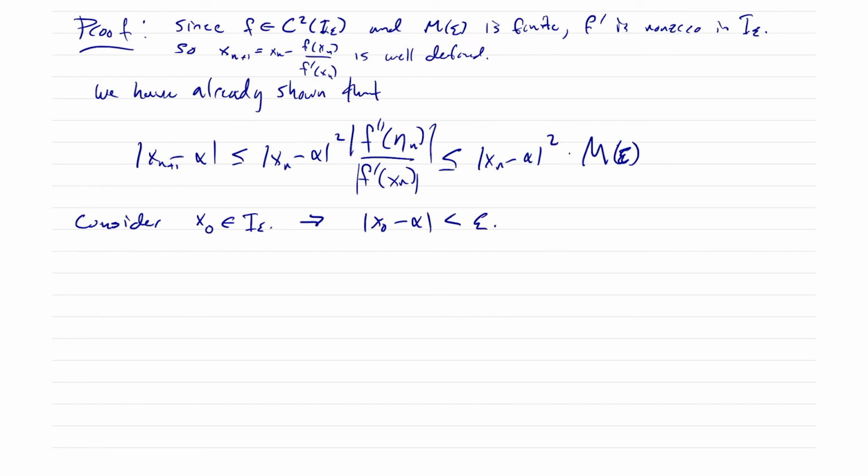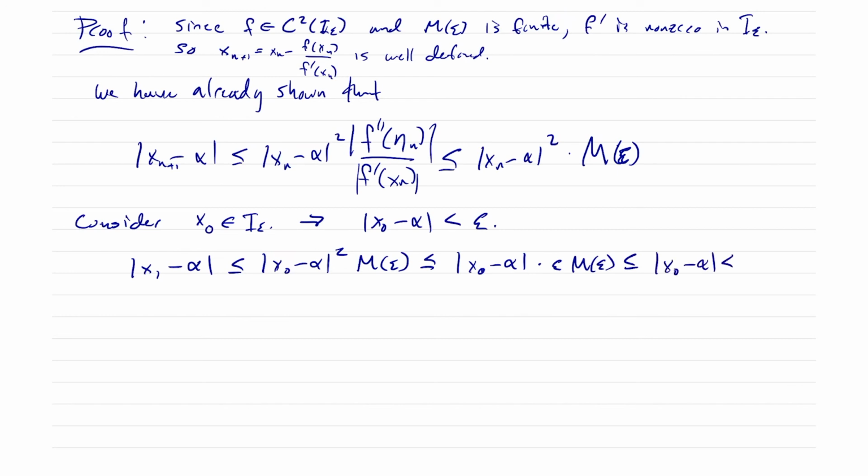And so then we see that x1 minus alpha is going to be less than or equal to x naught minus alpha squared times m epsilon. And this is less than or equal to x naught minus alpha times epsilon times m epsilon. And so this is less than or equal to x naught minus alpha, which is less than epsilon.